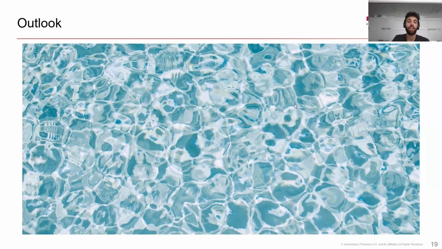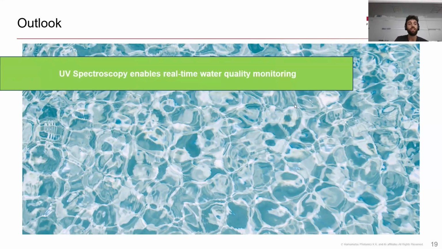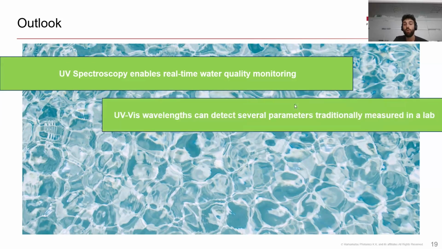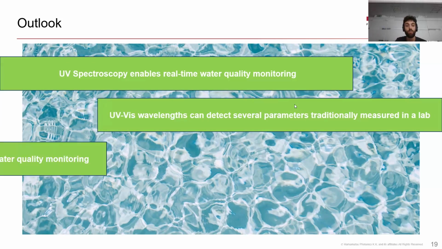Finally, just a summary of my presentation for today. UV spectroscopy is enabling real-time water quality monitoring, something that could not be done before with the traditional methods. And UV visible wavelengths can be used to detect those same parameters that were traditionally measured using a lab and a bulky, expensive equipment.